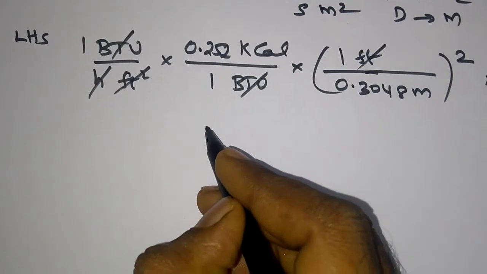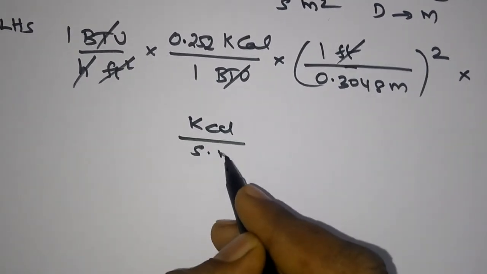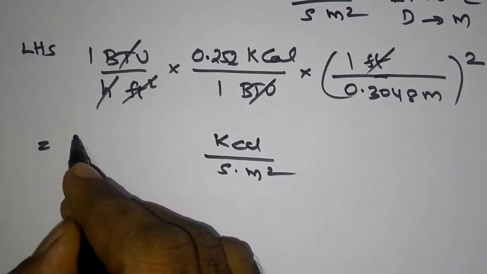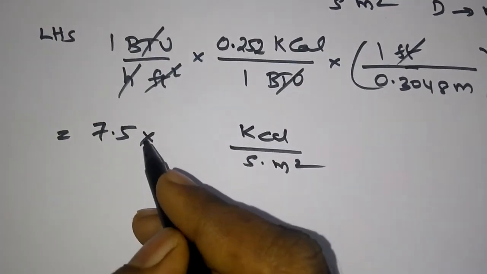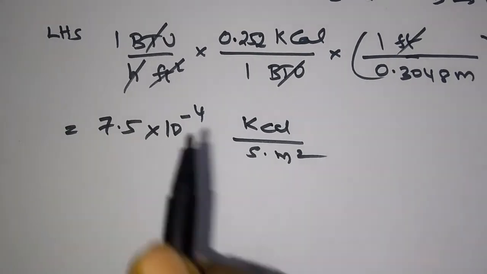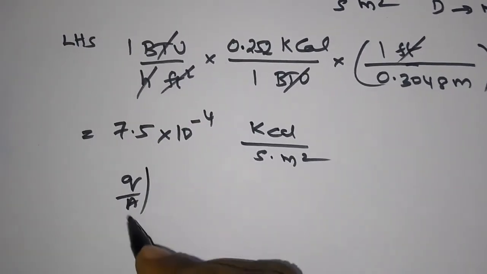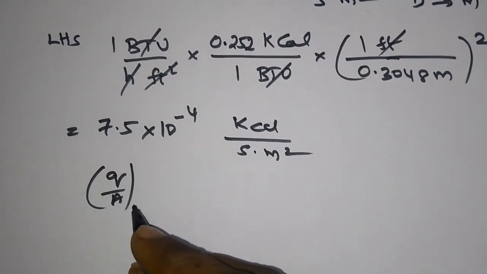What we get is kilocalorie per second meter square. So whatever value we are getting is 7.5 into 10 power minus 4.